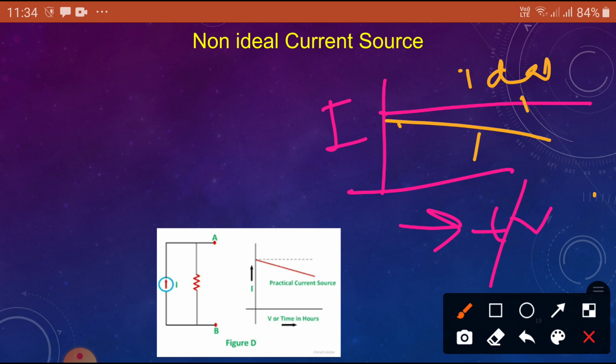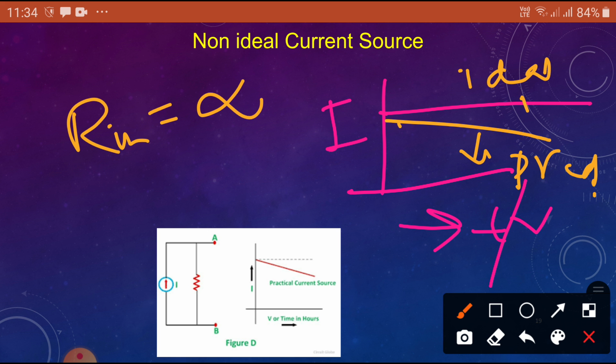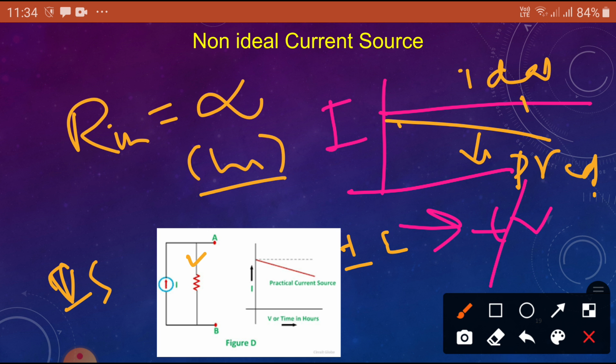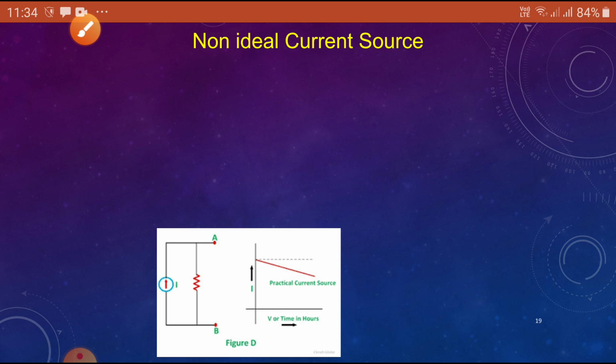This is a practical case. Due to the presence of internal resistance, which is not infinity but some high value, some of the current is diverted through it. Hence the source current IS is not equal to the load current. Okay, this is a basic concept.